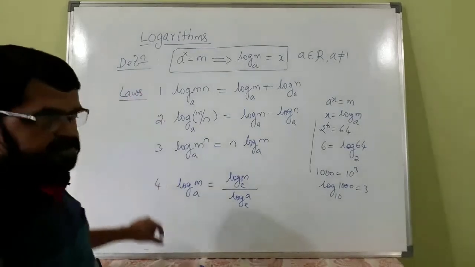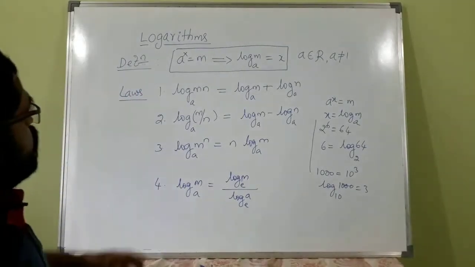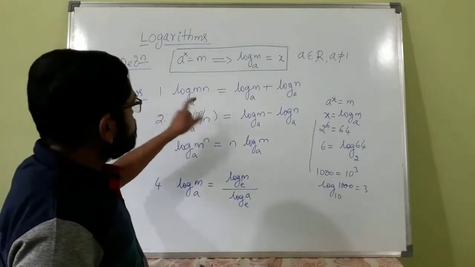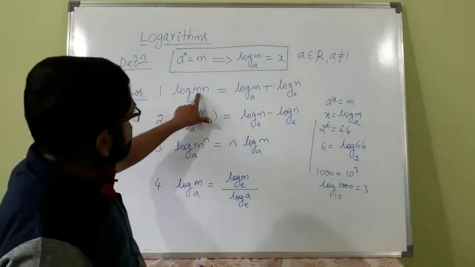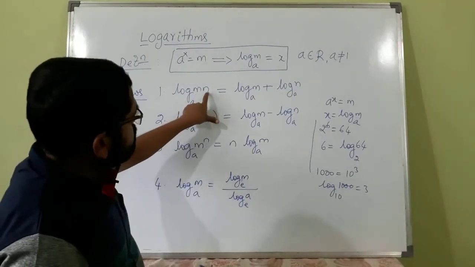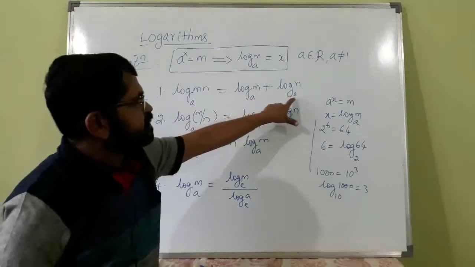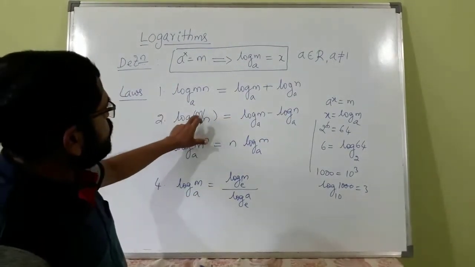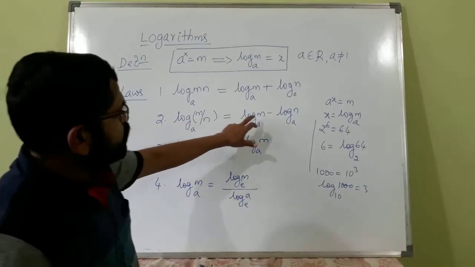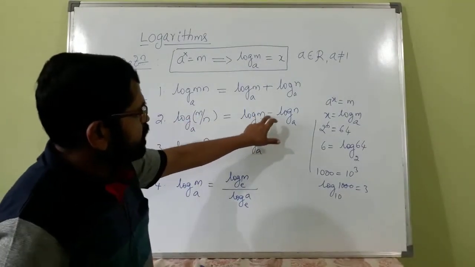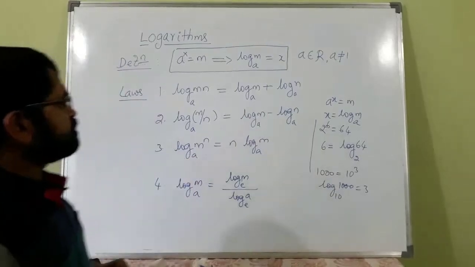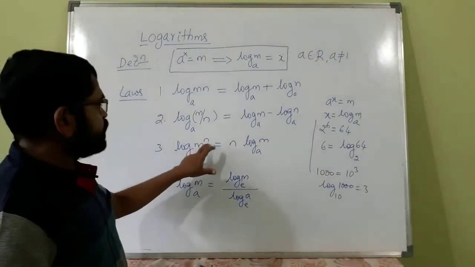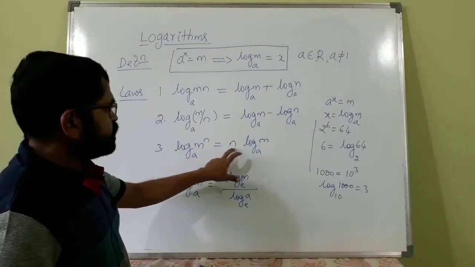Some certain laws are there. Log of m into n to the base a is equal to log m to the base a plus log n to the base a, the base remains the same. Log of m by n is equal to log of m to the base a minus log n to the base a. Log of m to the power n is equal to n into log m.